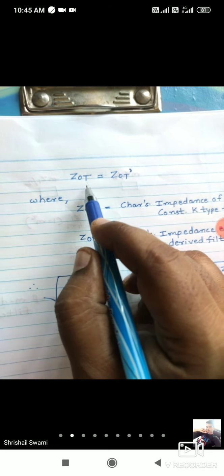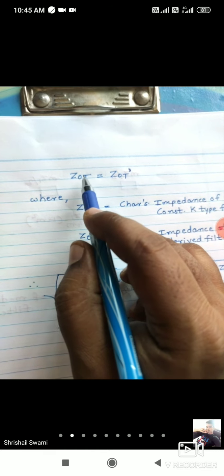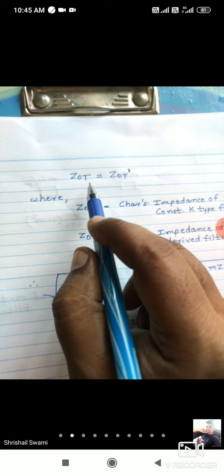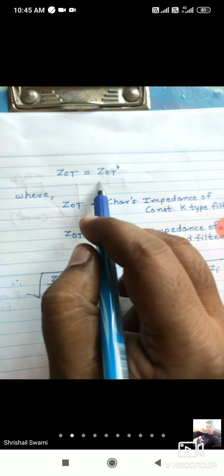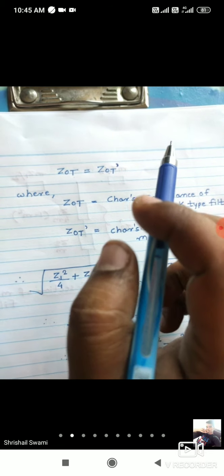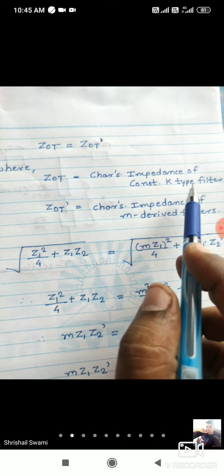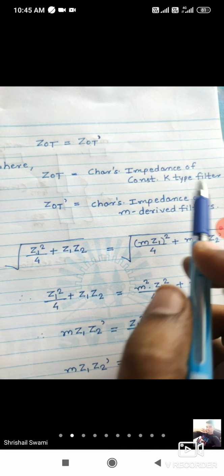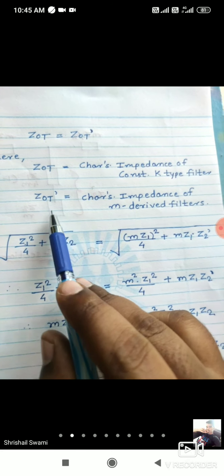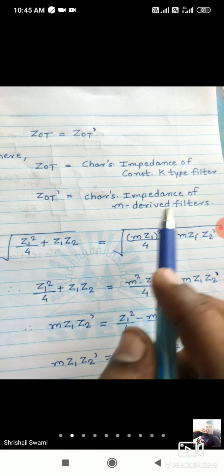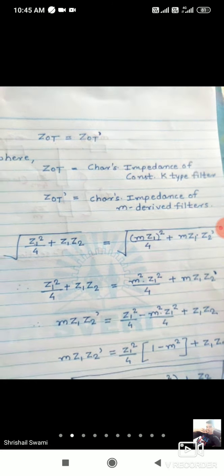Z0T is the characteristics impedance of the original constant K type T section, and Z0T dash is the characteristics impedance of the M derived T section filter.